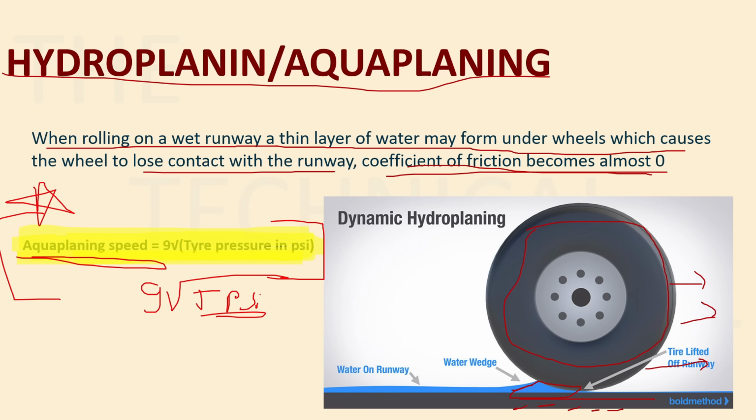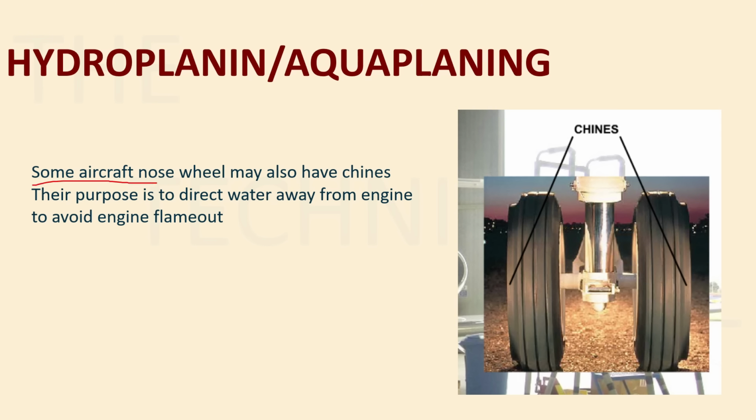And let's continue. Some aircraft nose wheels may also have chines, and their purpose is to direct water away from the engine to avoid engine flame out. These are your chines, and they direct the water away from the engine.